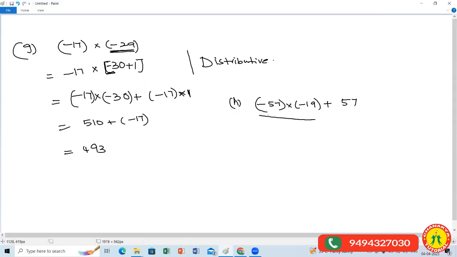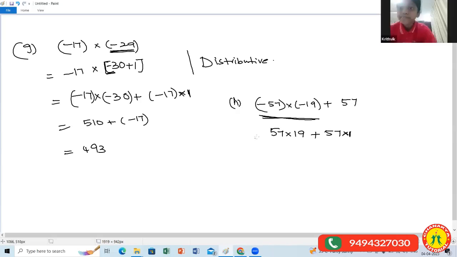So you can make it in the first step only. This is negative of negative becomes minus of minus, positive, right? Very good. So can I write 57 into 19 plus 57? Nothing is there means 57 into 1 I can write. 57 ones are again 57, right?